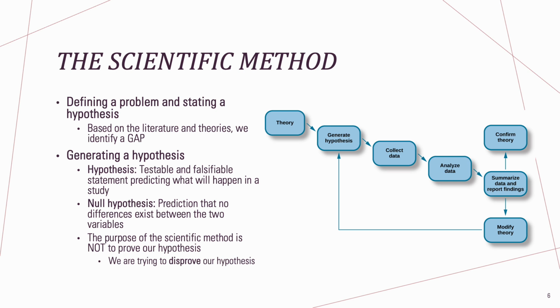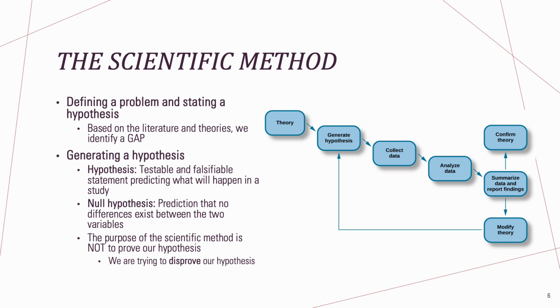And when we're making hypotheses, these hypotheses need to be testable and falsifiable. So there's a null hypothesis, which is the prediction that there is no difference statistically between the two variables that are being observed. So we want to be able to reject the null and say our hypothesis is supported.